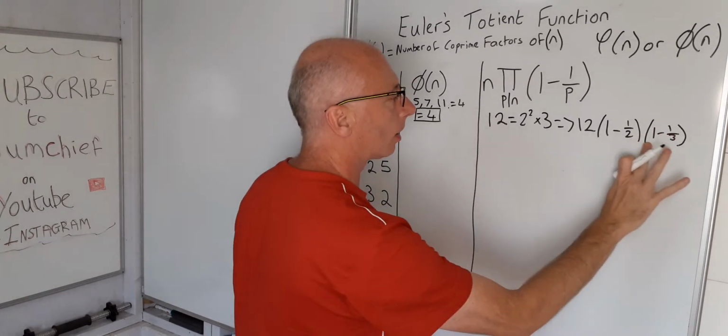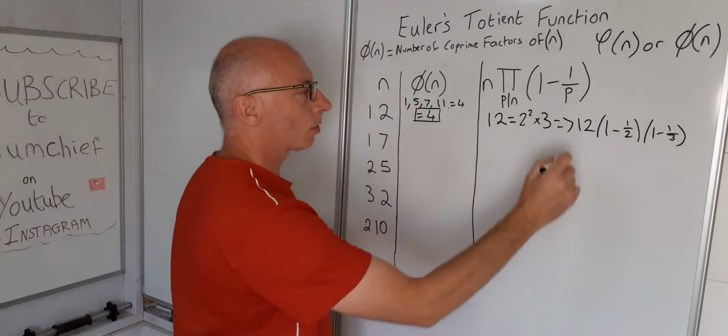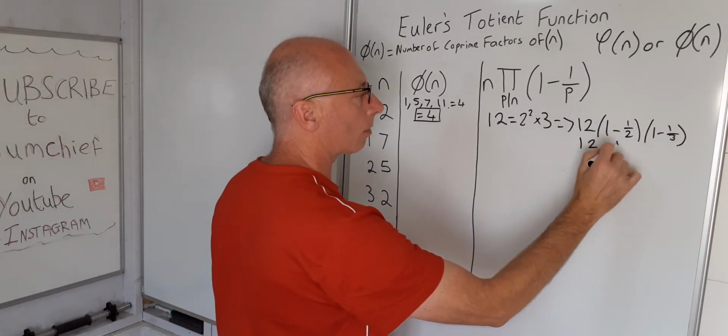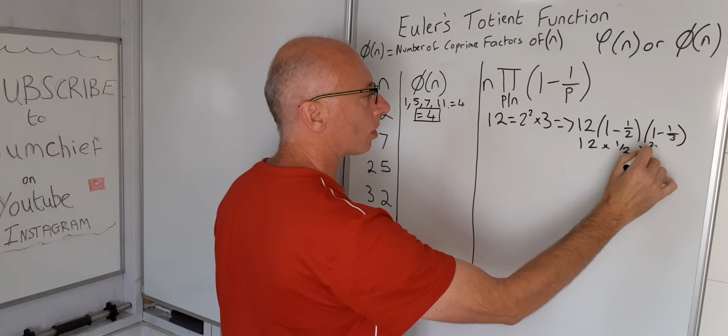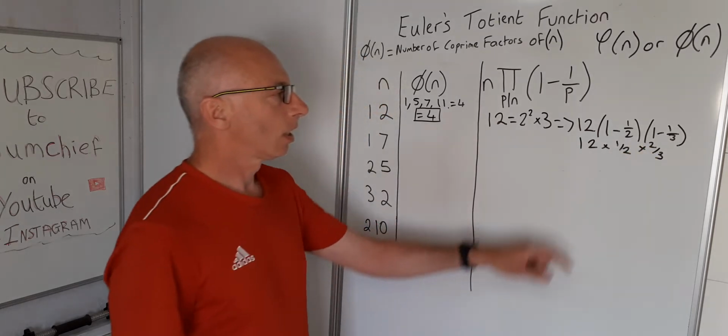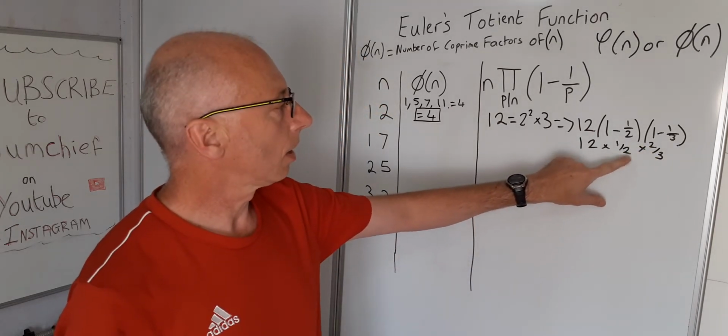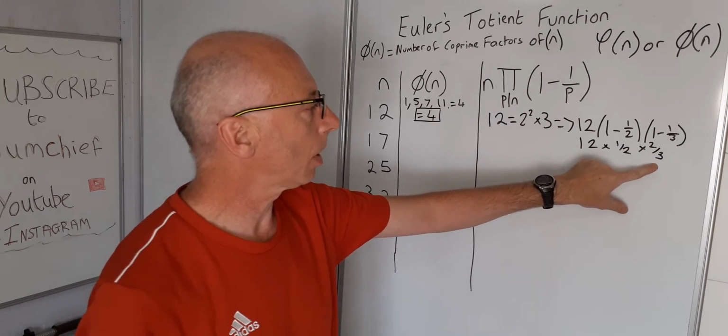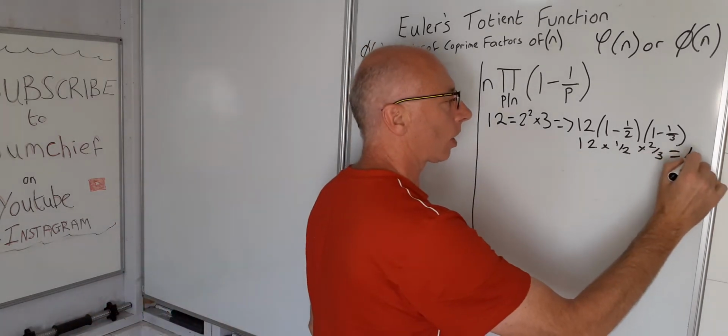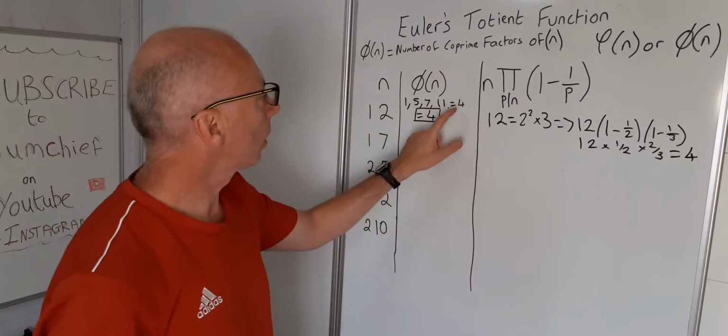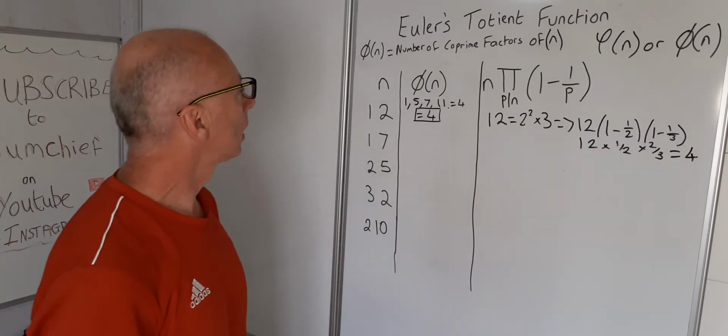So now that's left us with 12 times a half times 2/3. 12 times a half is 6. 6 times 2 is 12, divided by 3, that is also 4. So we can check that this one is correct.